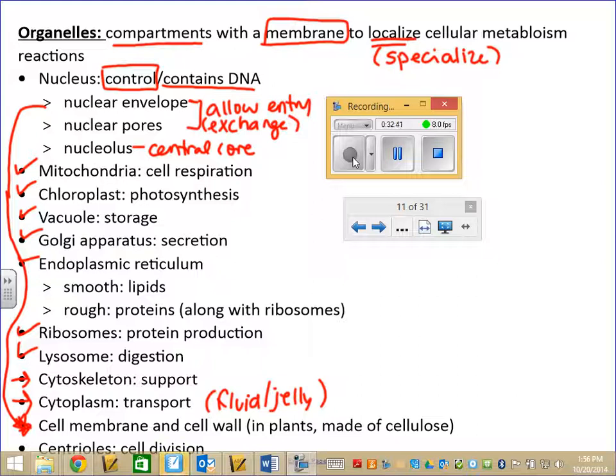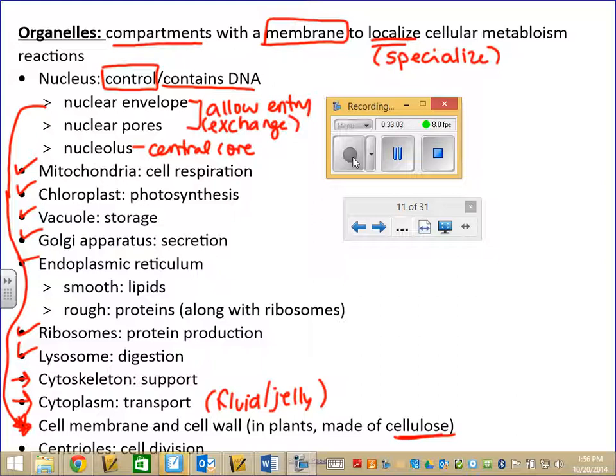The cell wall is made out of something called cellulose. That's the name of the molecule that makes up the cell wall. Cellulose is something that humans have trouble digesting, and so when we say plants have undigestible fiber in them, part of it would be because of this cellulose.